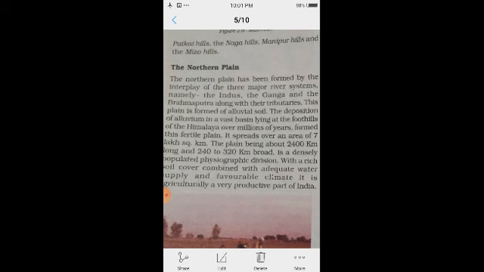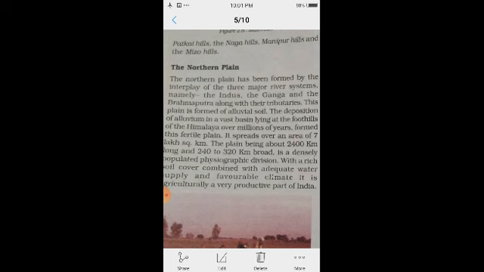That is the Indus river, Ganga river and the Brahmaputra river, along with their tributaries.